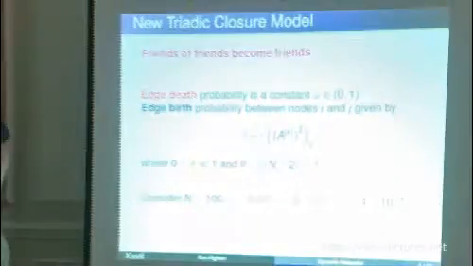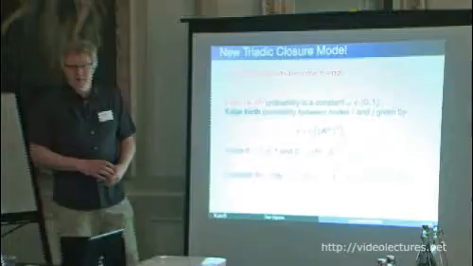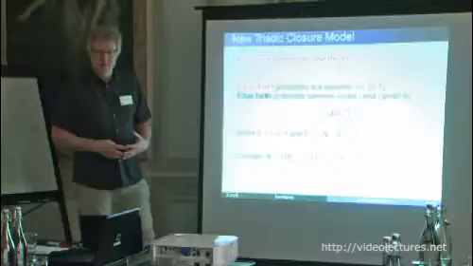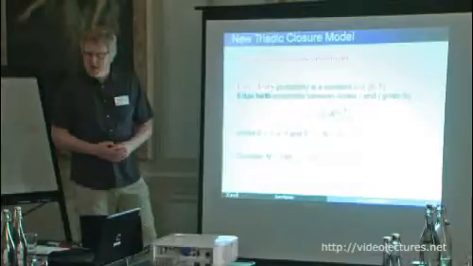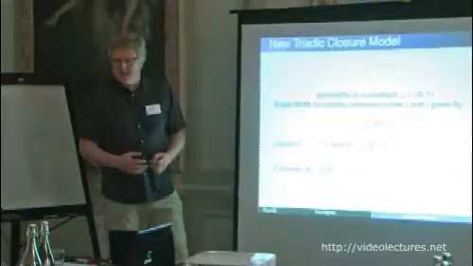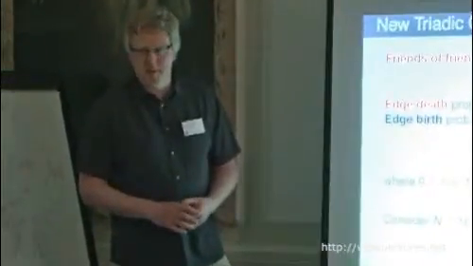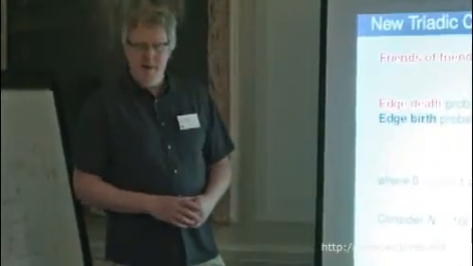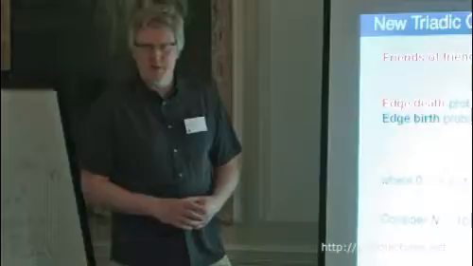This is a very well studied topic in social sciences. The idea that the more friends you have in common with somebody, the more likely you are to become friends with that person. It's a reasonable sort of hypothesis. If you tend to interact with the same circle of friends, then you tend to make that new friendship.